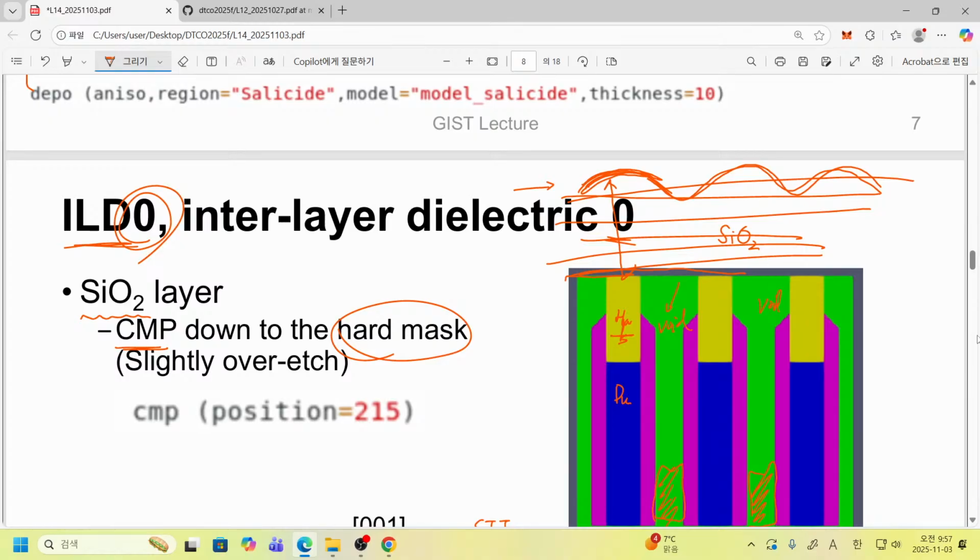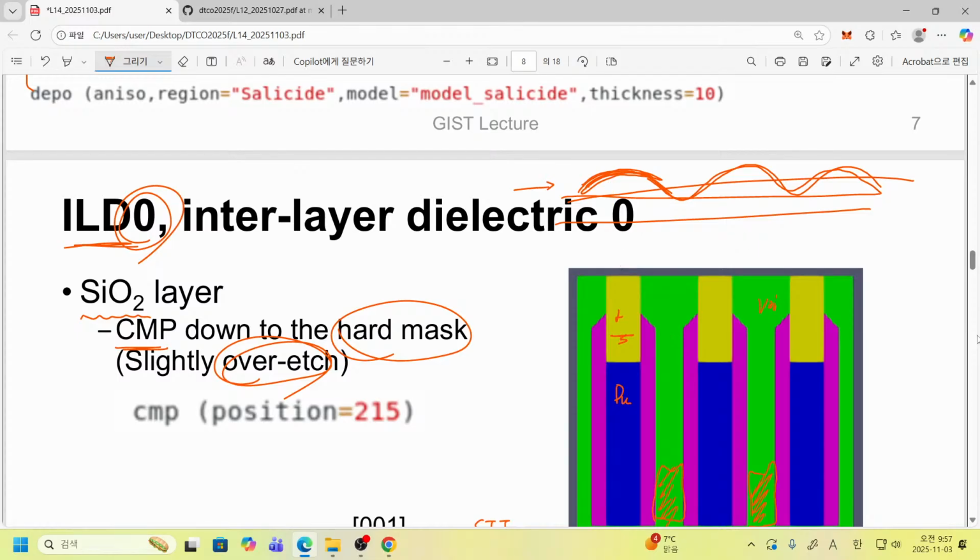Then using some slight overetch to make sure that everything is really well exposed, we can make this very beautiful structure.